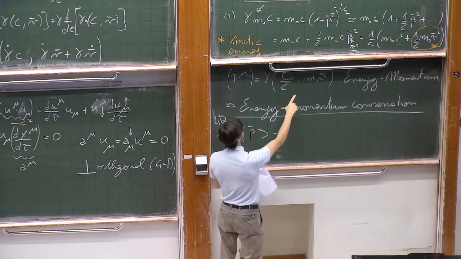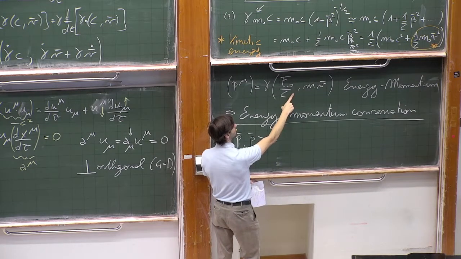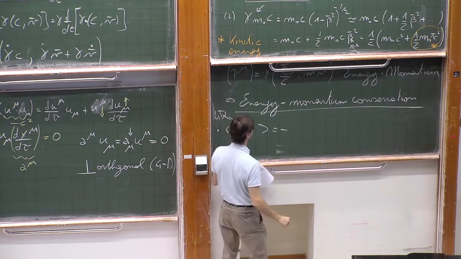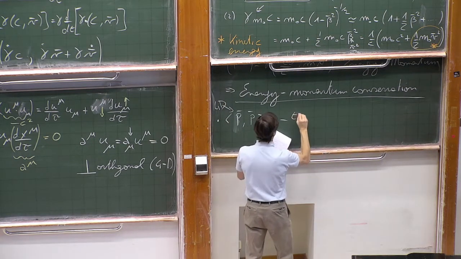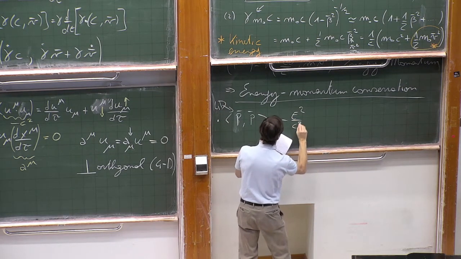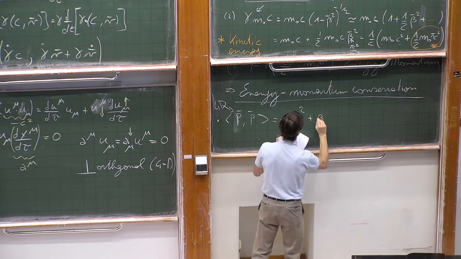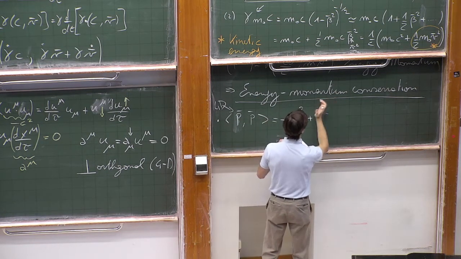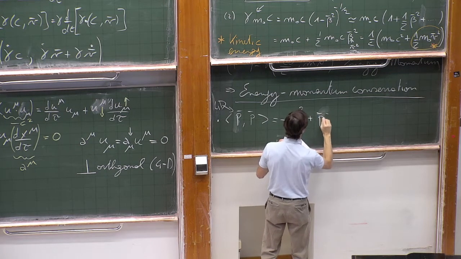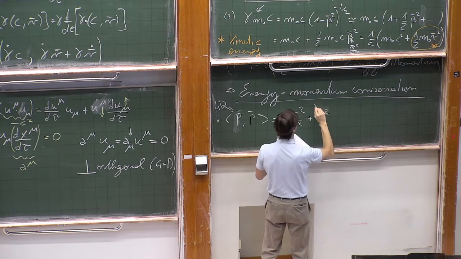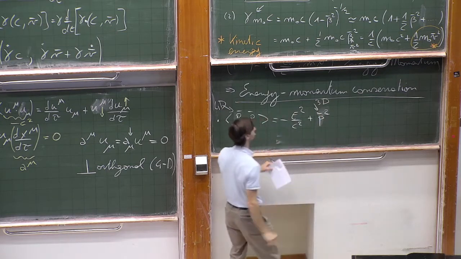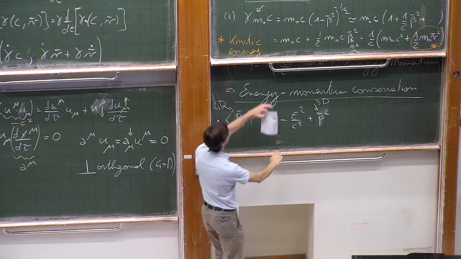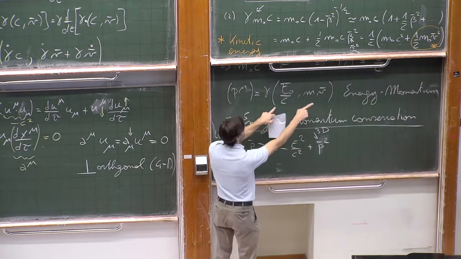Given these components, I have my minus in front, and we have the energy squared over c squared plus p squared, the 3D component. Just the norm of this vector here.